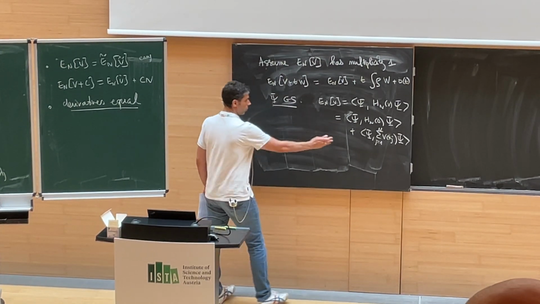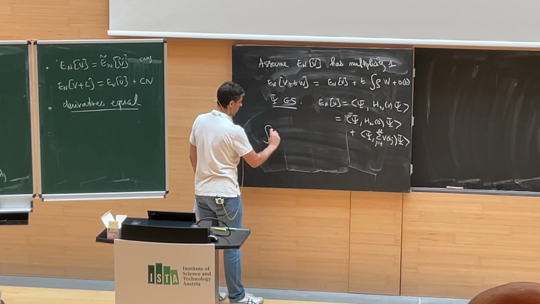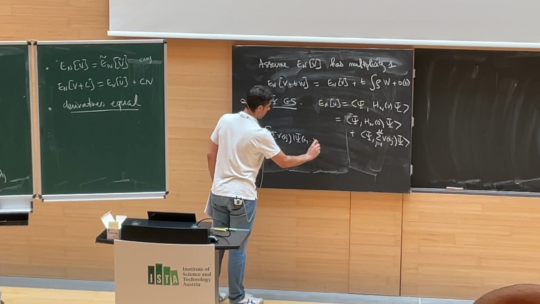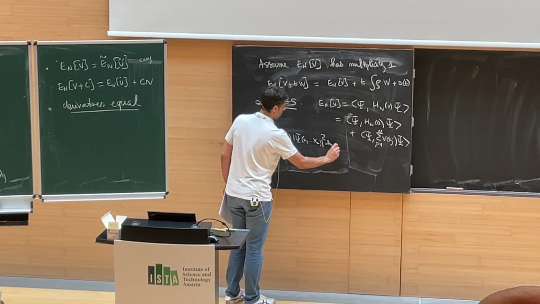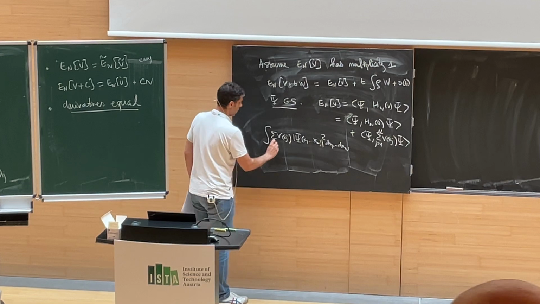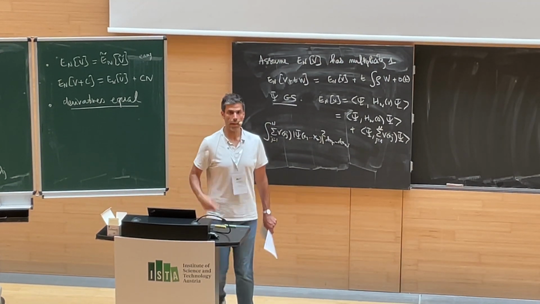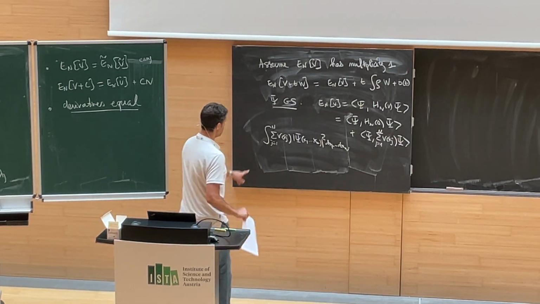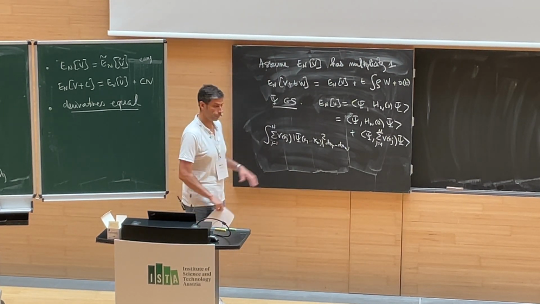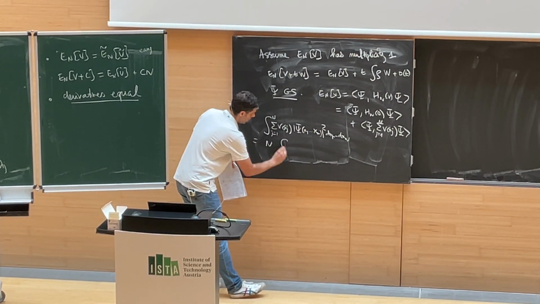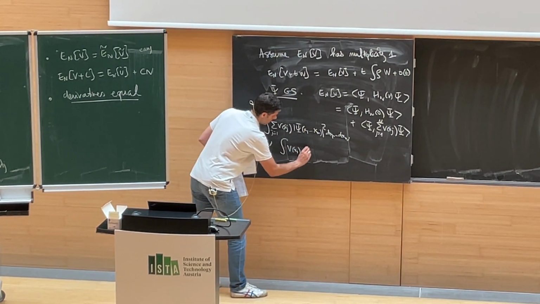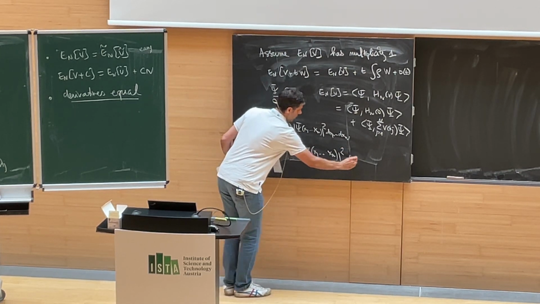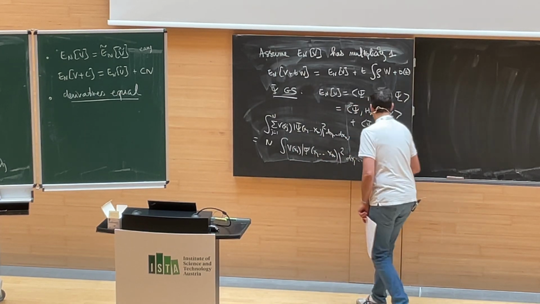It's the sum of V of xj times psi squared of x1 to xn, dx1 to dxn, with j equal 1 to n. But psi is either symmetric or anti-symmetric, so psi squared is symmetric, and all the terms in this sum are the same. So I get n times V of x1, for instance, times psi of x1 to xn squared, dx1 to dxn.